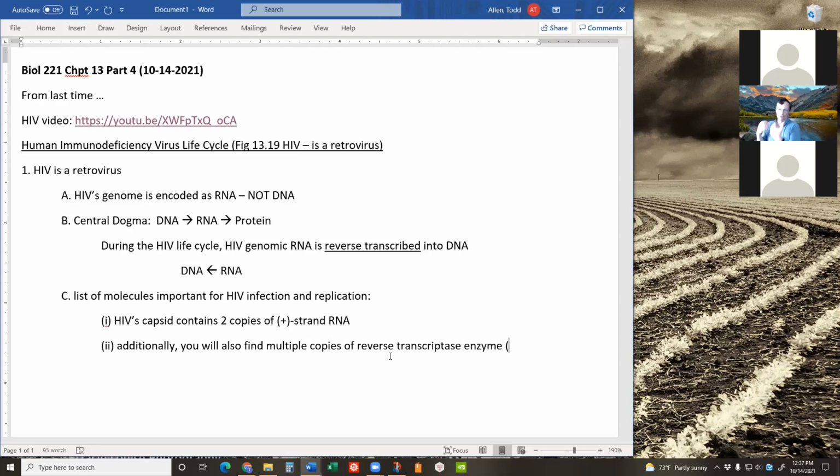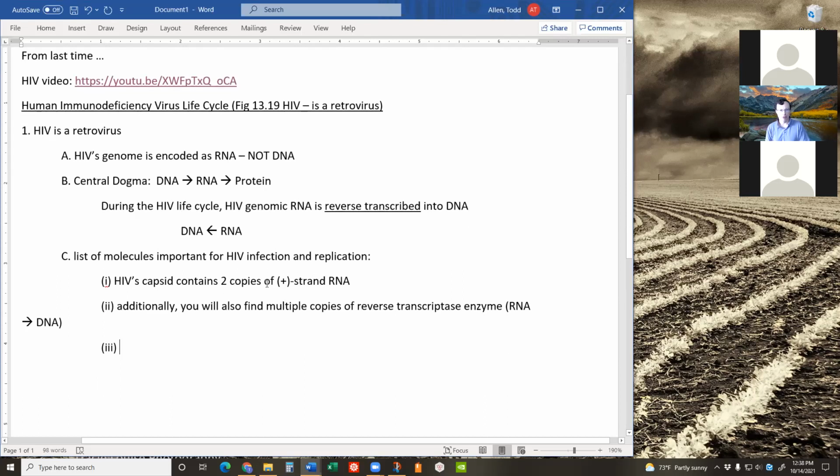Remember, the purpose of the reverse transcriptase enzyme is to take the RNA and go backwards in the central dogma flow chart from RNA to DNA. So inside the capsid, we're going to find 2 copies of plus strand RNA and multiple copies of reverse transcriptase enzyme as well.